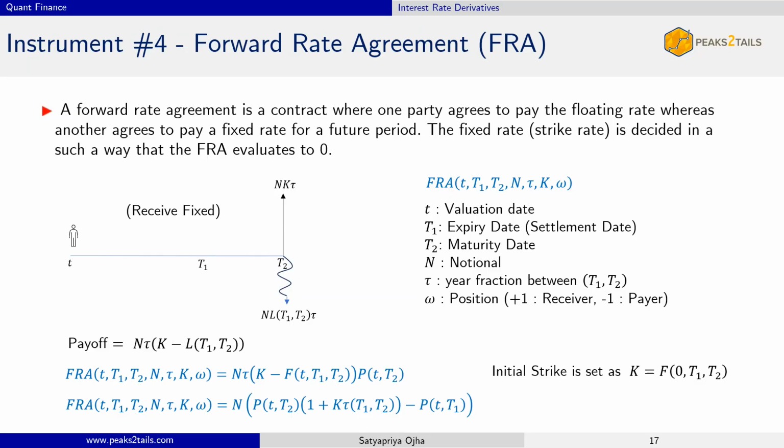FRA is an instrument that is becoming extinct. Actually, it's not popular anymore. So I will probably do a new series just on this, how the instruments have evolved, IRS and everything, based on SOFR.